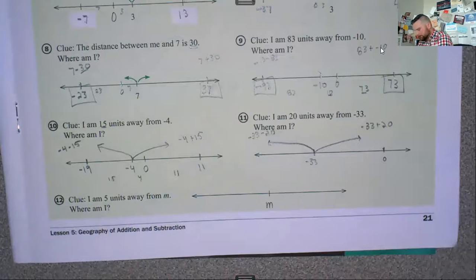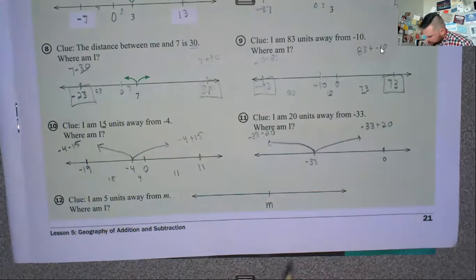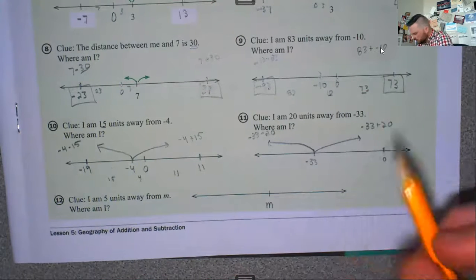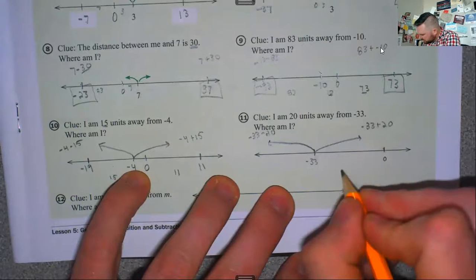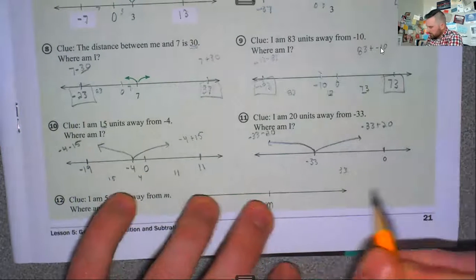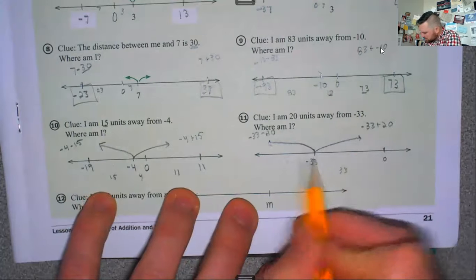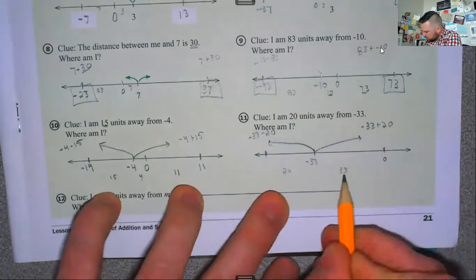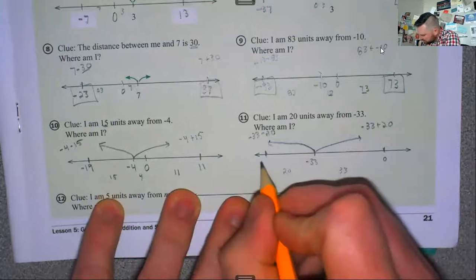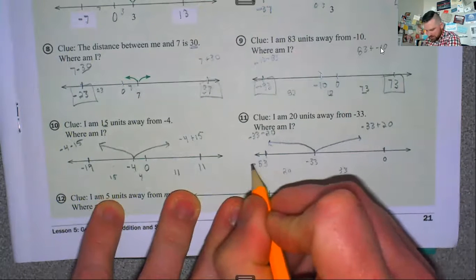So in order to look at that, I know the distance from here to here is 33. The distance from here to this point over here has to be 20. So 33 plus 20 is 53, and it's still negative.